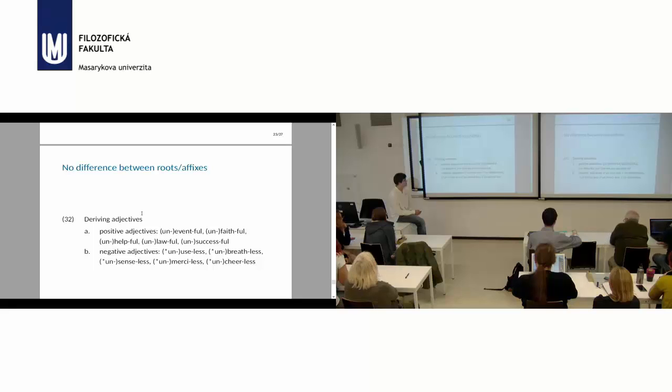And in all these cases where you have the full derivational morpheme associated to the base, then you can also prefix on. So something can be uneventful, you can be unfaithful, unhelpful, unlawful, or unsuccessful. Okay? So the suffix full simply derives positive gradable adjectives.